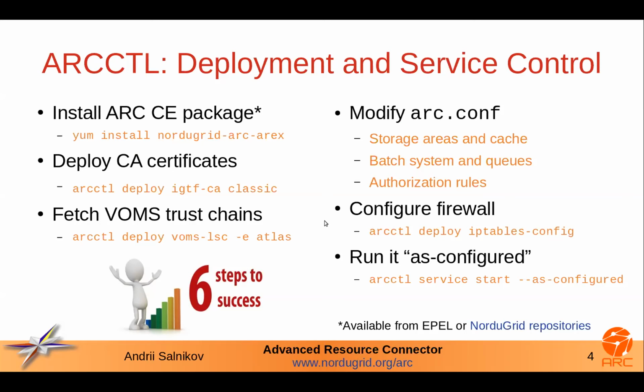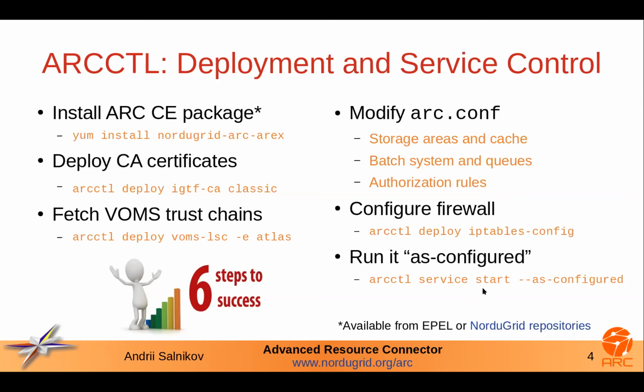After you finish the ARC configuration, the ARC control tool does some magic. It discovers which functionality you want to enable, taking into account the blocks you put into arc.conf, and based on this configuration, it is capable of generating firewall rules for the ARC-CE and enabling and starting the services as configured. So this command is sort of magical in the sense that it automatically brings the necessary packages apart from the ARC packages you already installed.